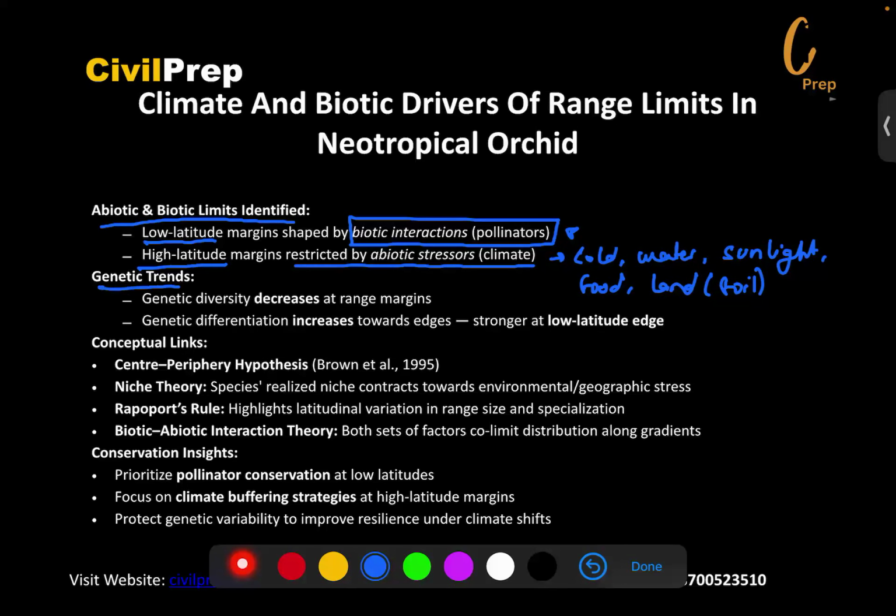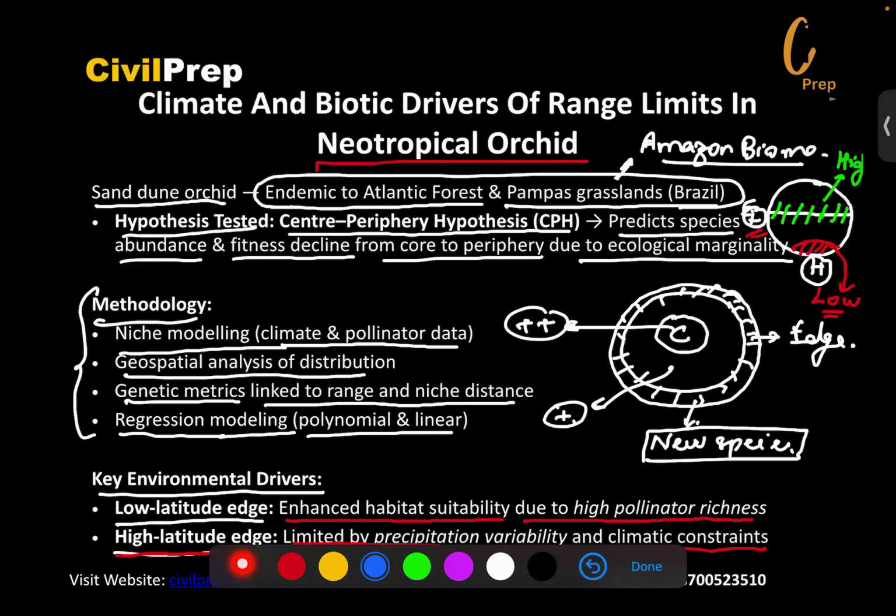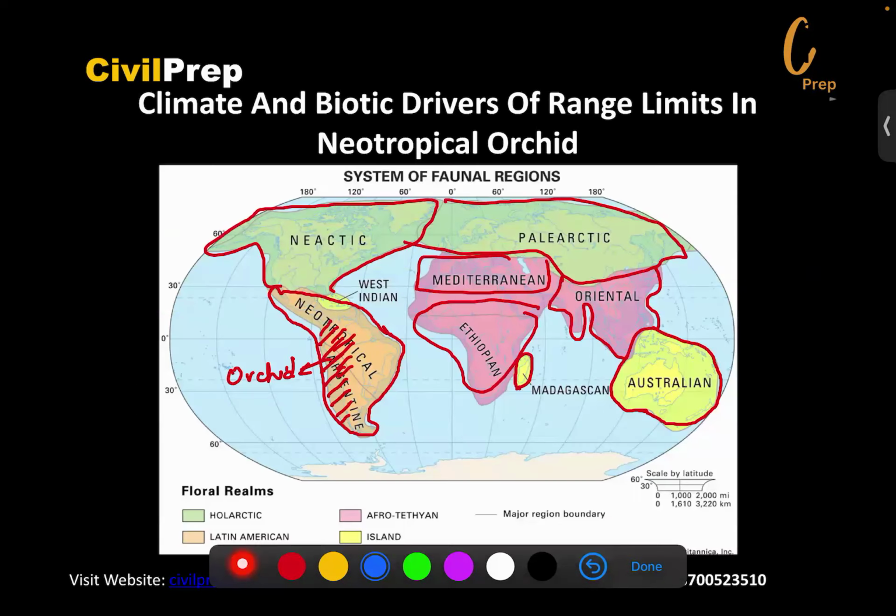When we look at the genetic trends, genetic diversity decreases at range margins. Genetic differentiation increases towards the edges and is stronger at the low latitude edges. As we can see in this diagram here, it clearly explains how limitations will be seen in the low latitude regions and the high latitude regions.